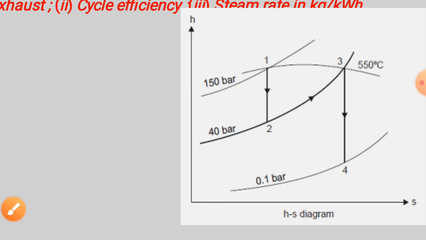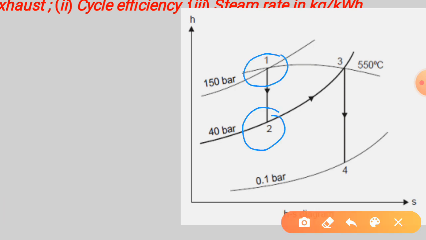Now I am able to obtain the H1 value, H2 value, enthalpy at state 3, and enthalpy at state 4. Please note down, on the Mollier chart you have constant dryness fraction lines.